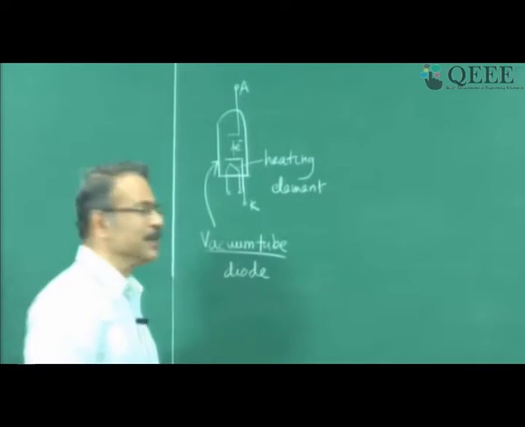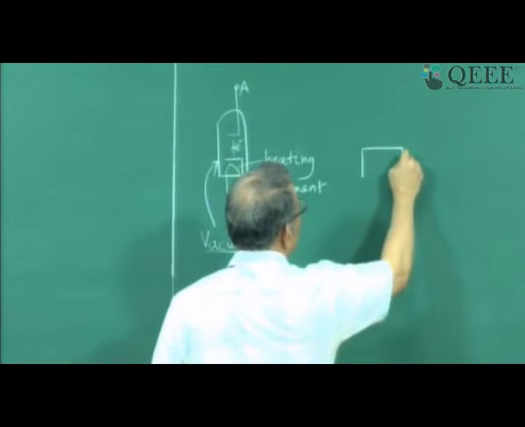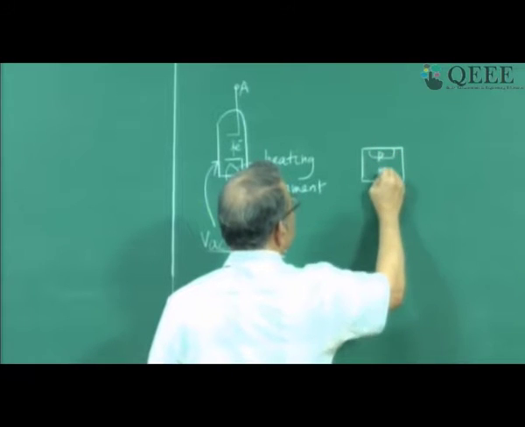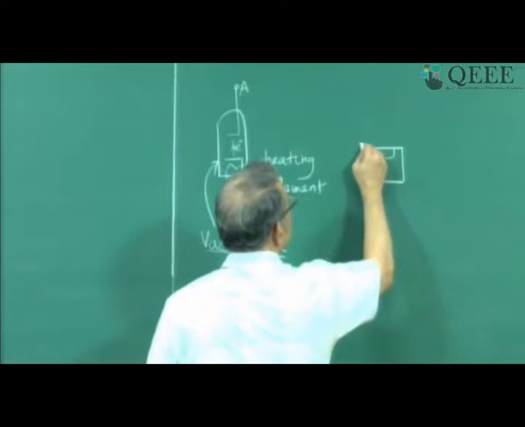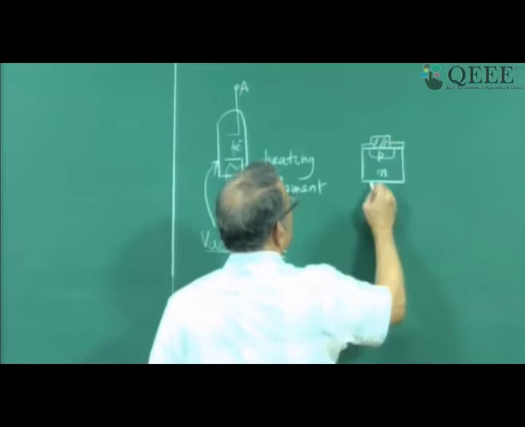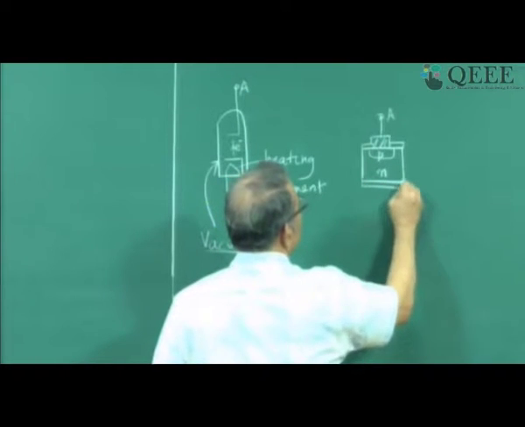In a solid state device, on the other hand, let me draw a solid state diode. All of you perhaps know this P-N junction. So this is P, this is N, and you have a terminal here, this is the anode, and a terminal here which is the cathode.